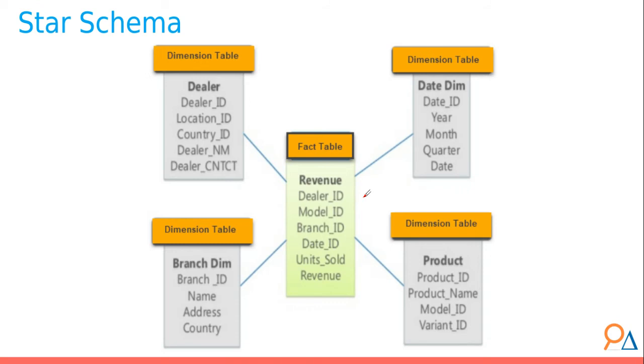What I didn't tell you before is that after these primary keys are put here and become foreign keys, you can see we have these two units here: units sold and revenue.